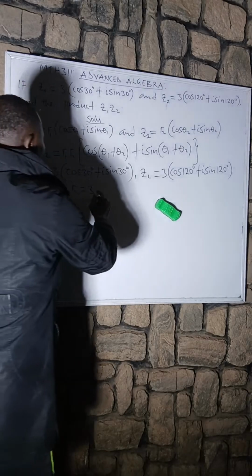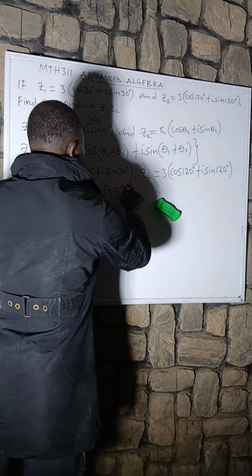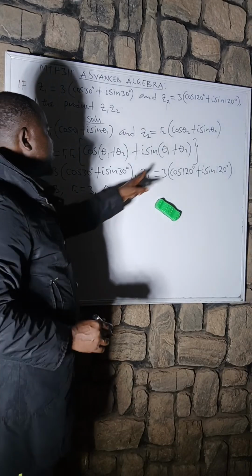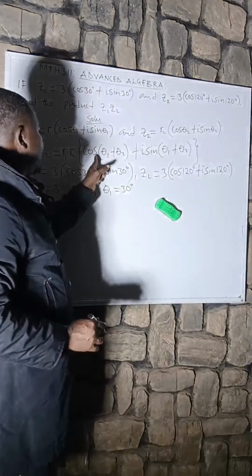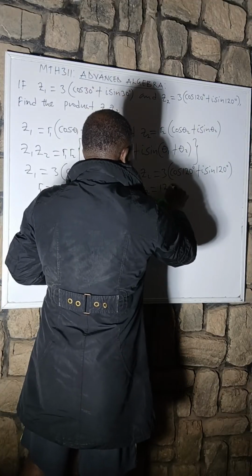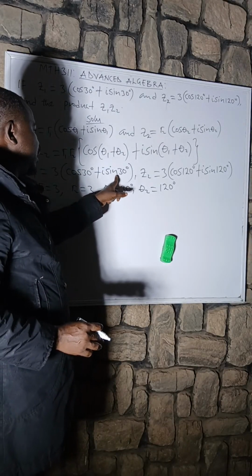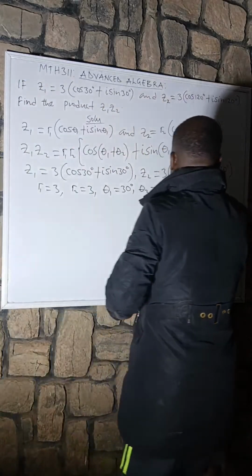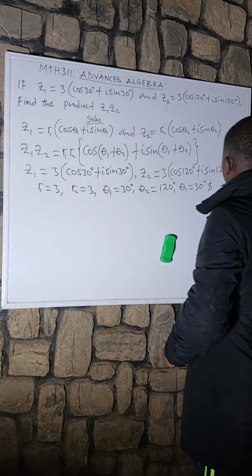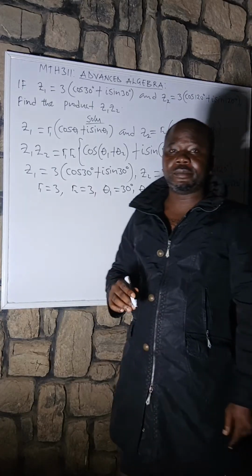Then our theta 1 is 30 degrees, and our theta 2 is 120 degrees. Theta 1 equals 30 degrees, and theta 2 equals 120 degrees. Are you following? Do you understand?